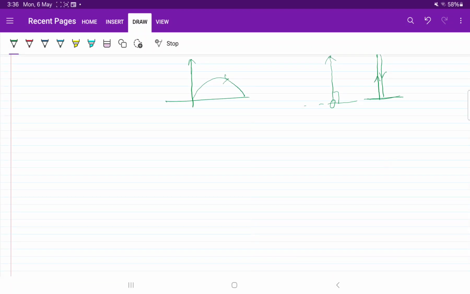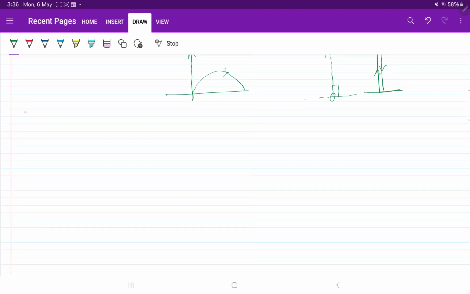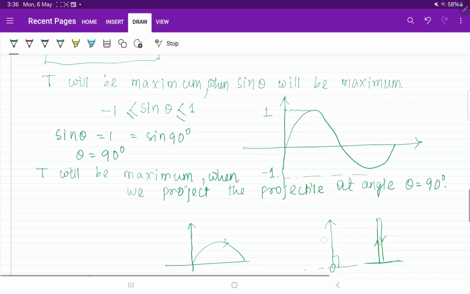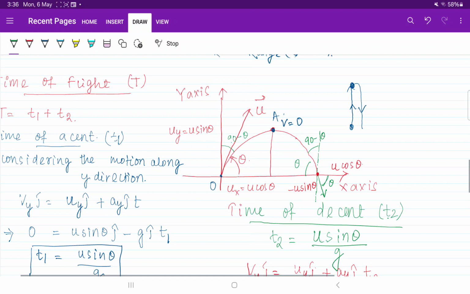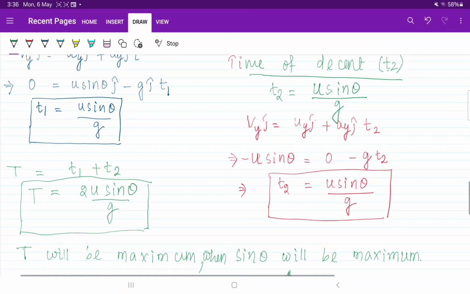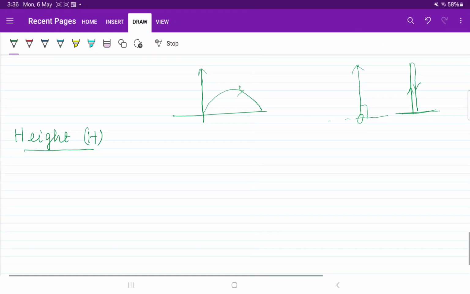Next we are going to derive the height of the projectile. From the projectile figure you can clearly see that the height is taking place along the y direction. So we have to take the motion along the y direction.